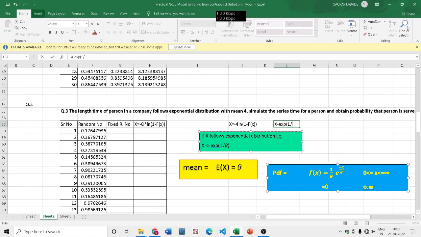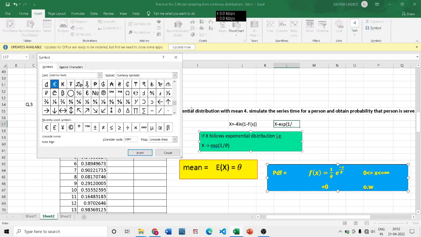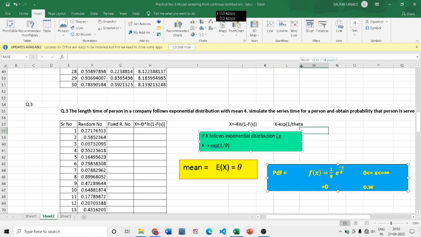Here it is theta. This is how you denote symbolically that x follows that particular distribution.